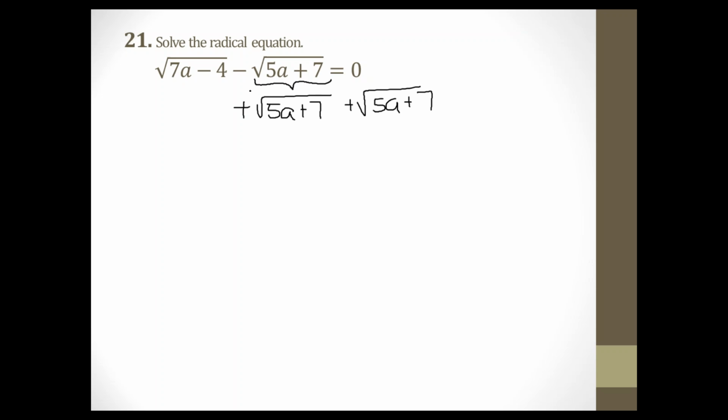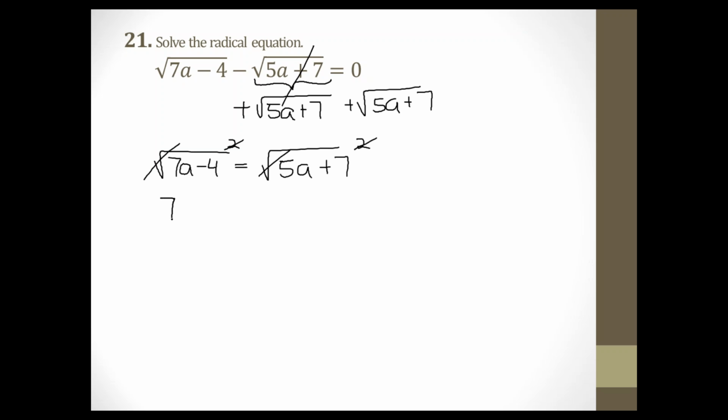And that means on this side we are left with 7a minus 4, and that is equal to 5a plus 7. Okay, so now we can apply the property of squaring both sides, because the square and the square root cancel each other out.